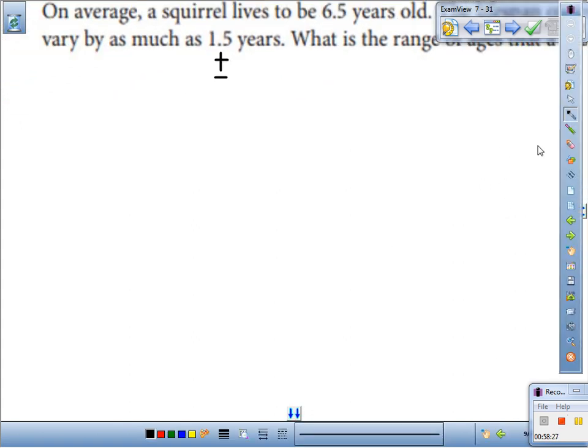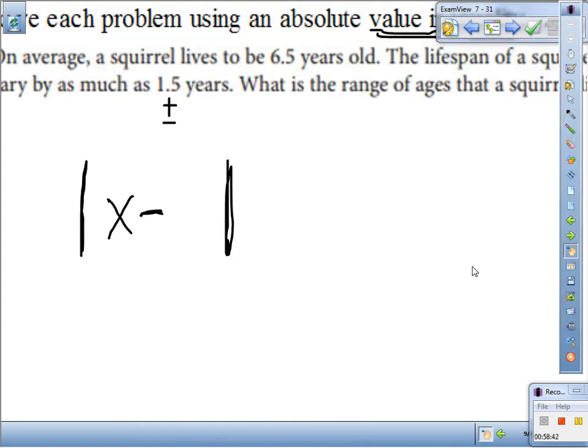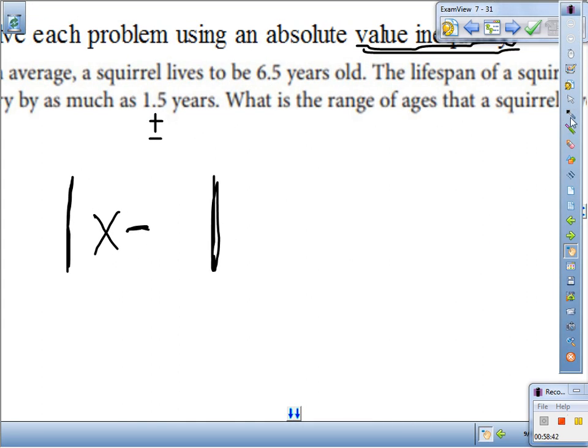So, let's see. What is the first thing we write when we write an inequality or a function? We do absolute value x minus, close the absolute value. And for years or anything that they're giving us a top age, we do less than or equal to.